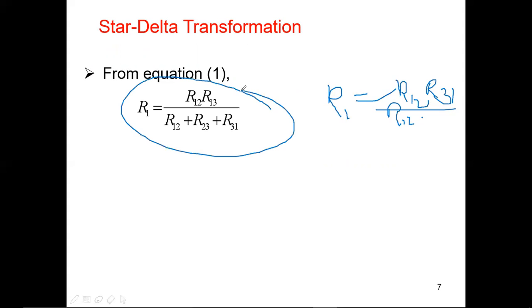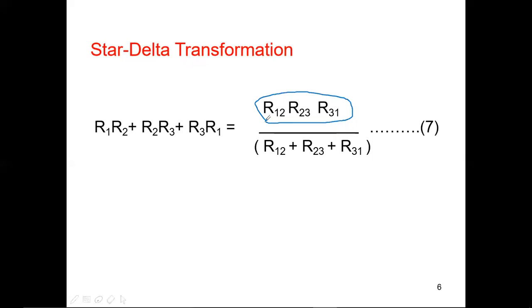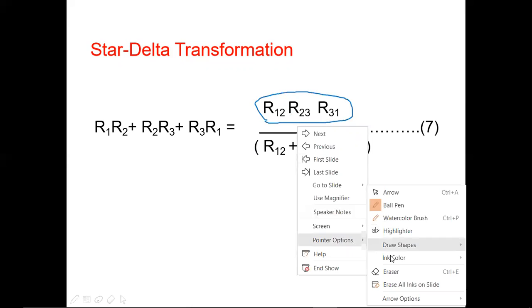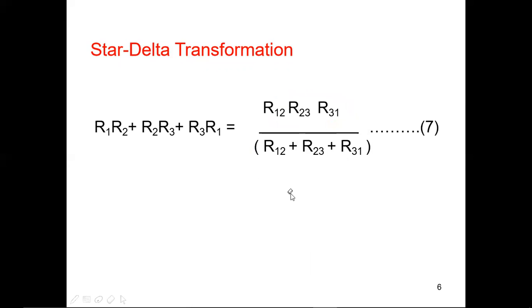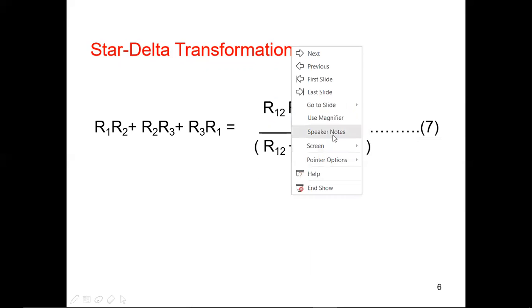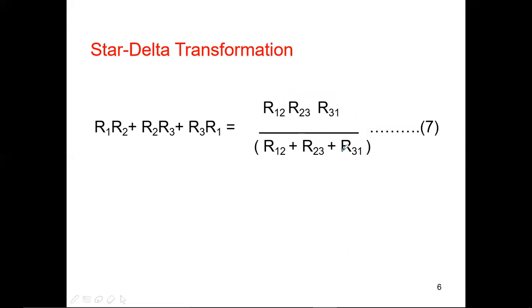Substitute this in equation 7: instead of R12 and R31 I can write this and multiply with this. This is completely one product, right?